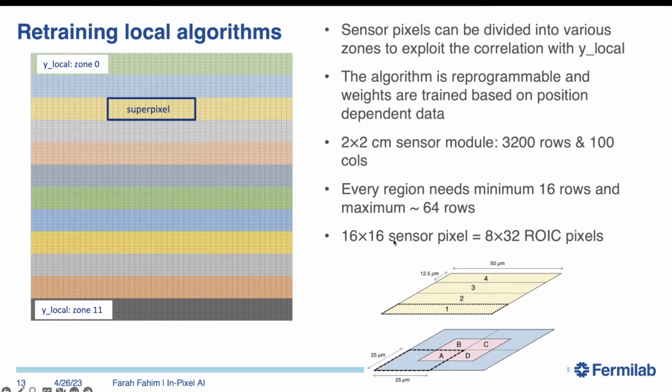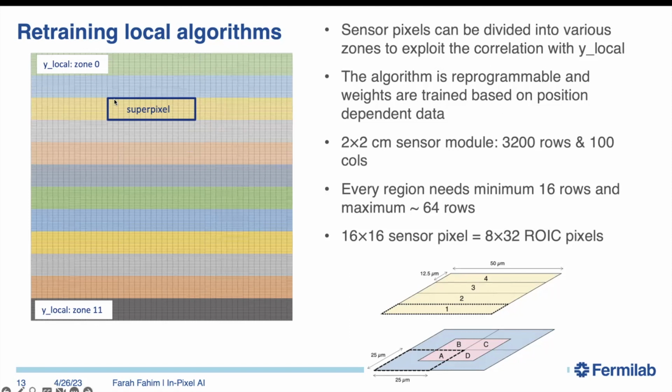So in our case, a 16 by 16 pixel region corresponds to an 8 by 32 readout IC region. That's because the readout IC has square pixels, and the sensor pixels are rectangular. This is a common technique that's used in high energy physics. For example, if you look at the current phase 2 pixels, a similar approach has been employed there.